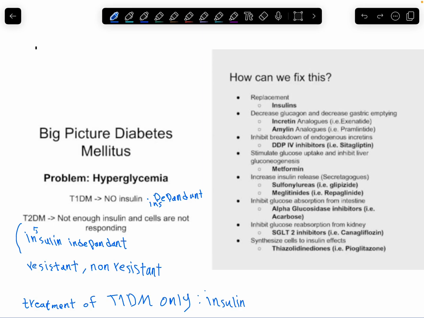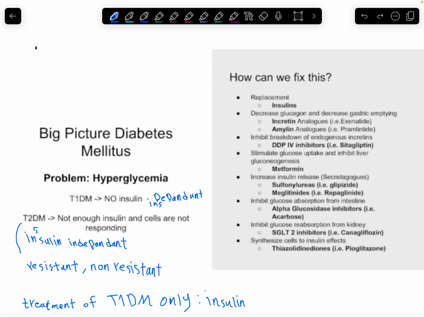What type of insulin? Glucose dependent. Whenever you take a glucose source or carbohydrate source, it will send a message to the beta cells: release insulin. So that is called incretin analogs or exenatide.